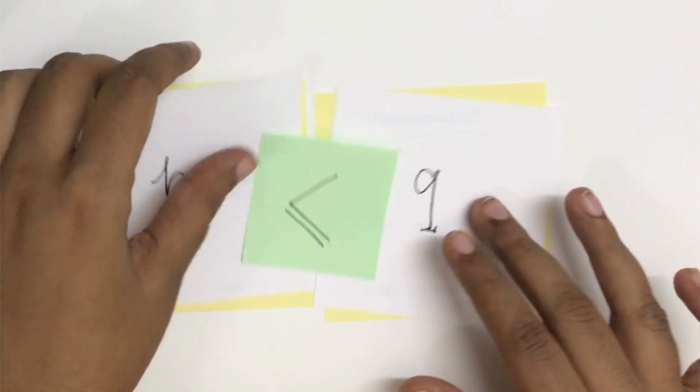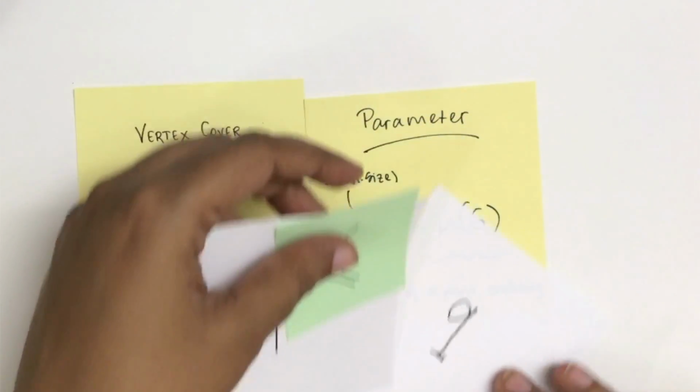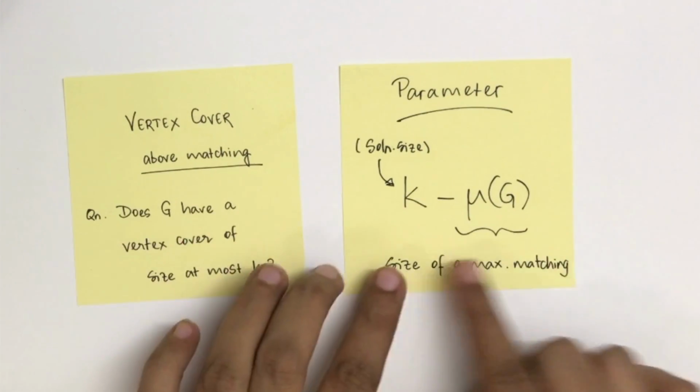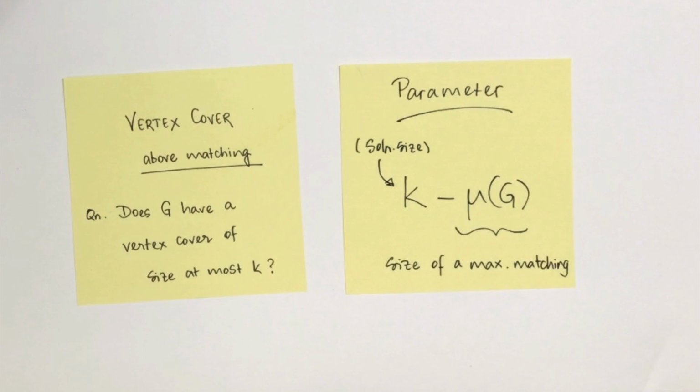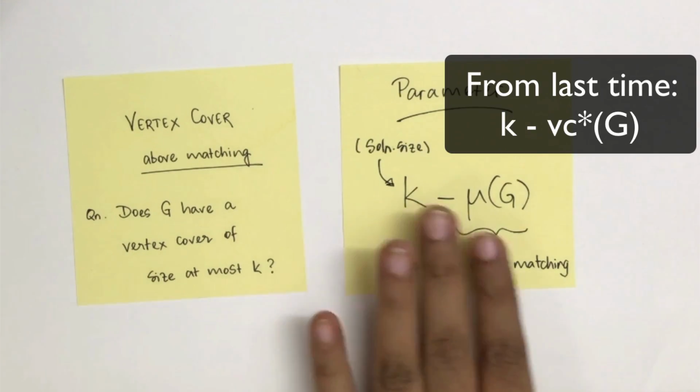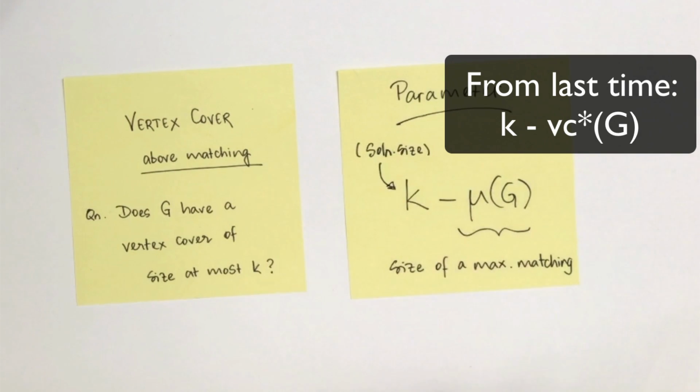Now, if you think about the two parameters that I'm proposing here, so on the one hand, we have k minus mu of g, and on the other hand, we have k minus LP opt from last time. You can work out that k minus mu of g is actually the larger of the two parameters. And the reason for that is mu of g is at most LP opt. LP opt is in general at least the size of any maximum matching.